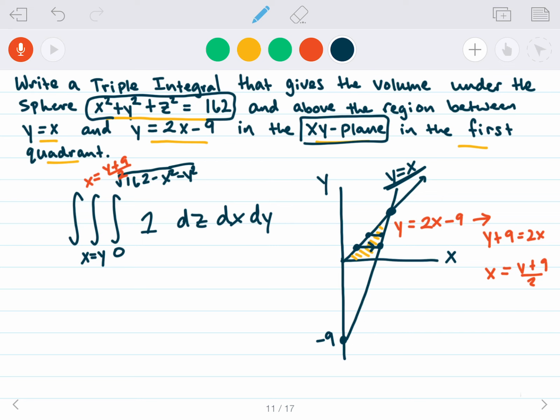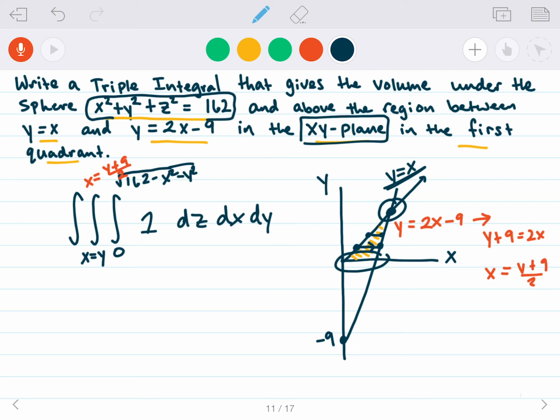Since we already took care of x as a function, we can now integrate with respect to y. Since I'm just in quadrant 1, my lower bound for y is y equals 0, and my upper bound for y is going to be where these lines intersect.